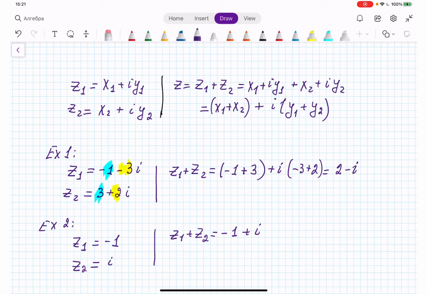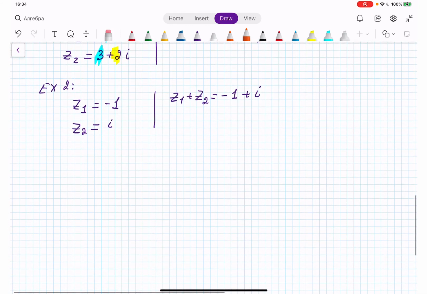Let's do subtraction now. Next we are going to do subtraction for complex numbers. Subtraction of complex numbers is also done in algebraic form.